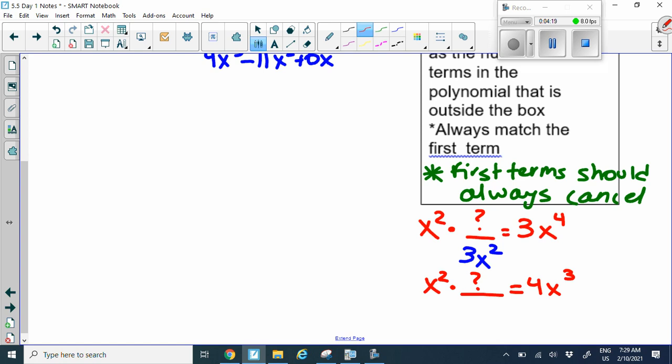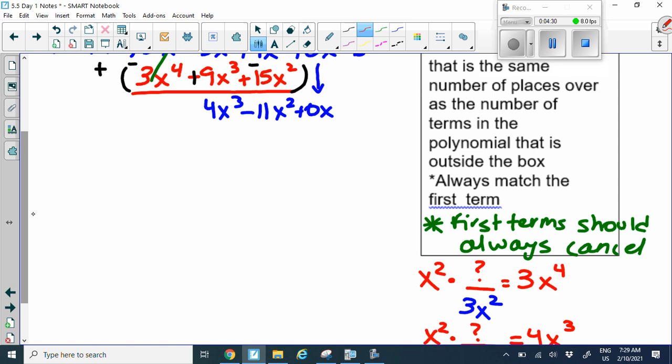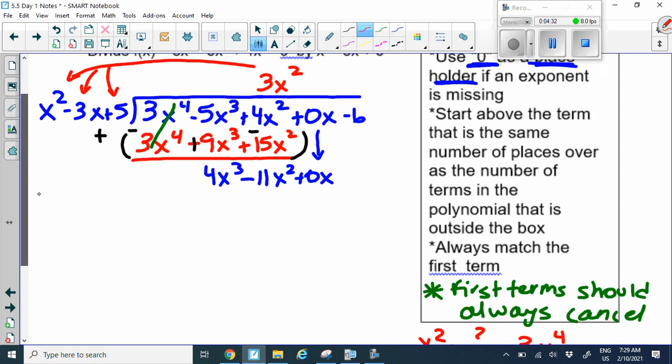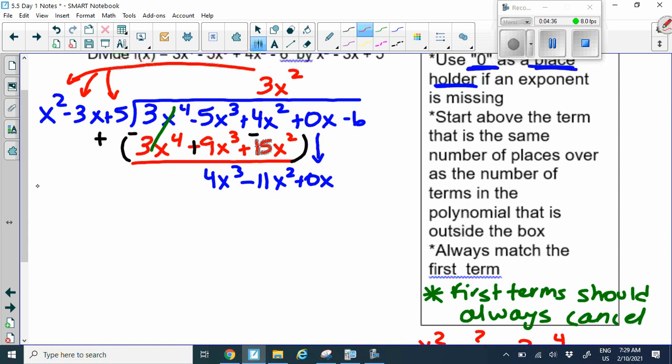Well, we definitely need the number 4 to match that. And then we need to have an x, because x squared times x gives us that 4x cubed. So now I put that 4x above. And notice that it's above the 0x, so we're doing this correctly.